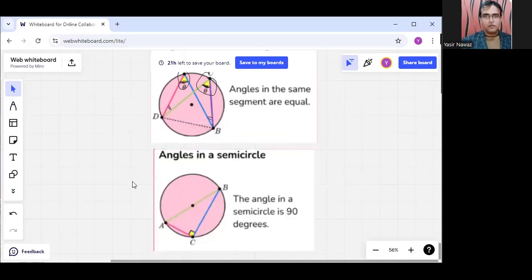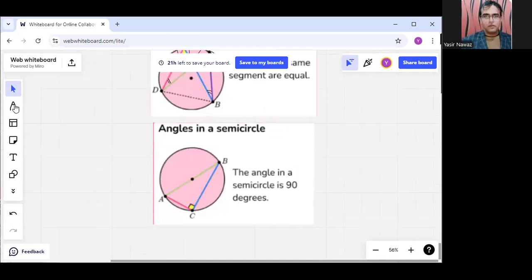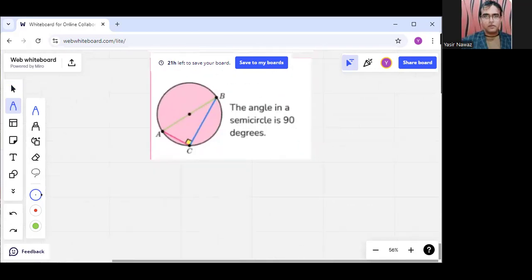Remember that here AB is the diameter, so the chord is passing through the center of the circle. In this way, this angle would be a 90-degree angle. If the chord passes through the center of the circle, then this angle of the triangle would be 90 degrees. So that's the angle in a semicircle.